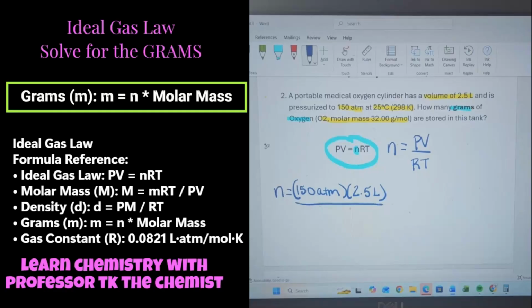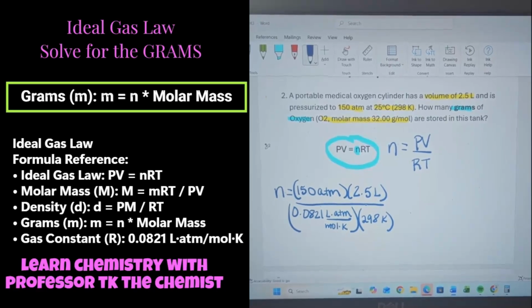And then on the very bottom, you have to know to use that gas constant from up above. And then your temperature is 298 Kelvin. Now, they told you this was oxygen gas, so you're going to use that molar mass later, all right? You're going to use that molar mass later.